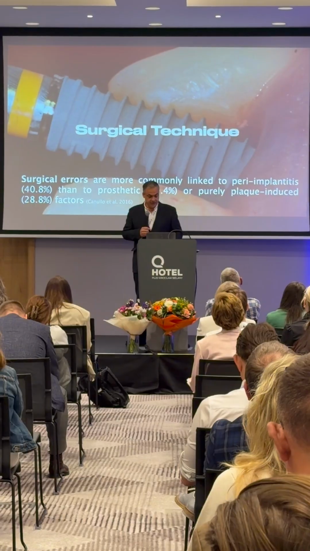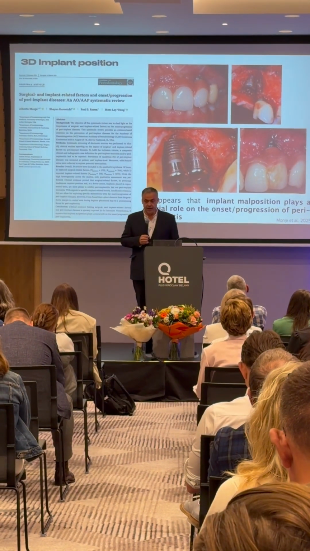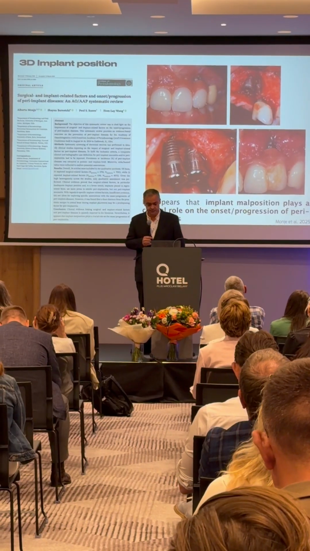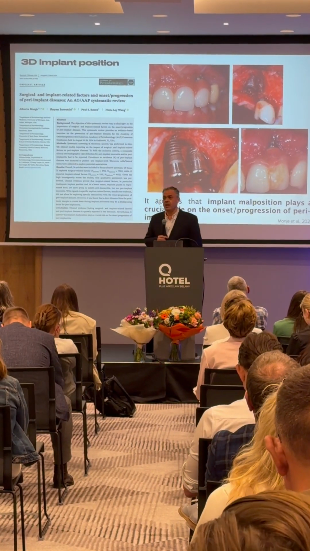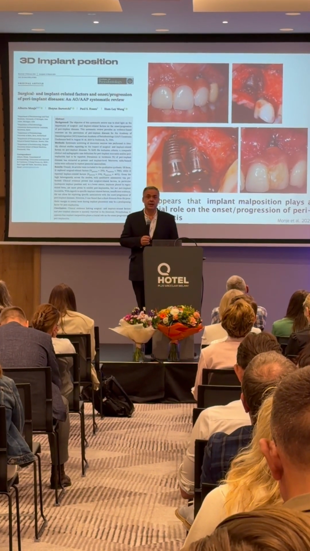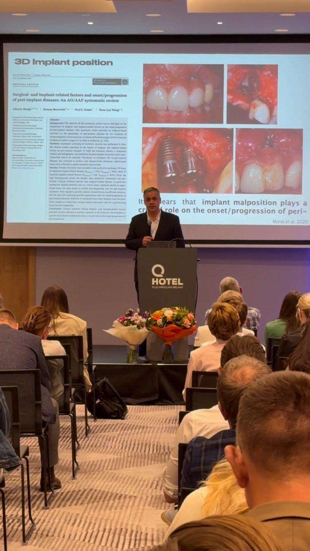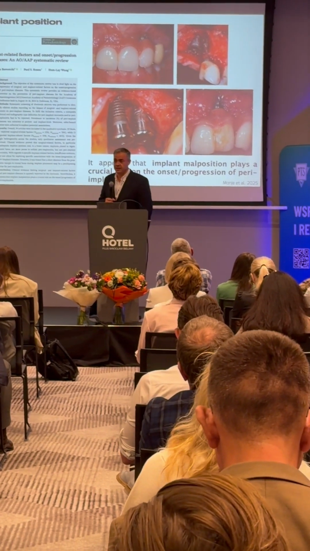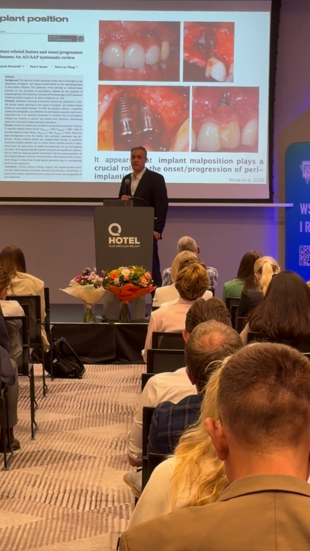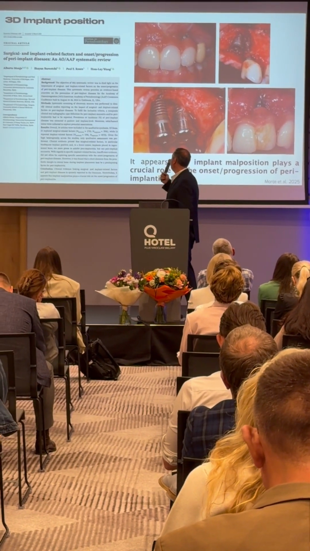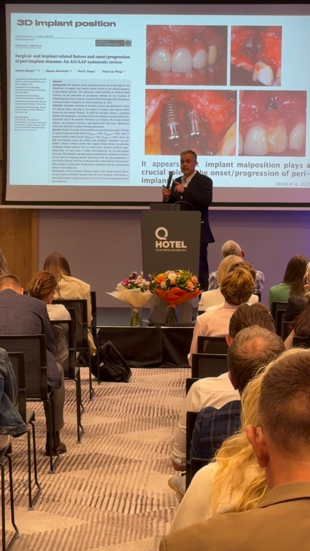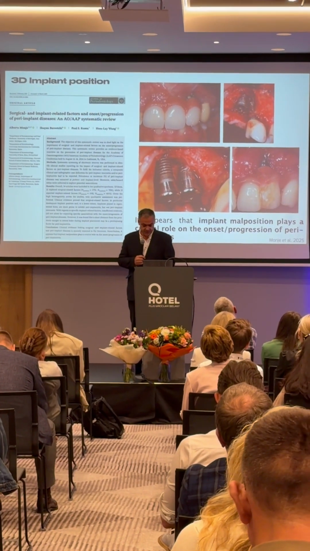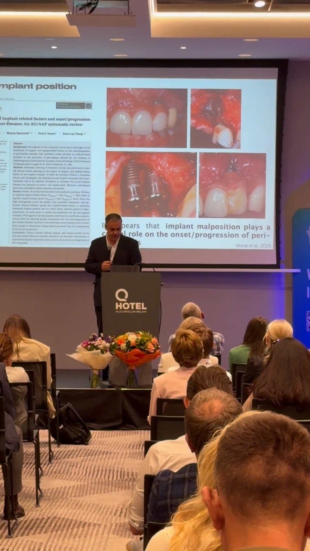Regarding surgical technique, 3D implant position is a very important factor. Implant malposition seems to be strongly associated with periimplantitis. In some cases, it can even prevent that, with implants that are too close, and the decision sometimes is to remove the implants.